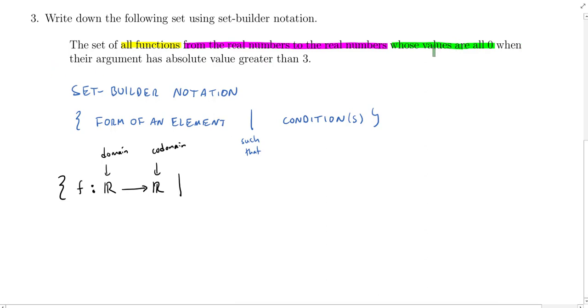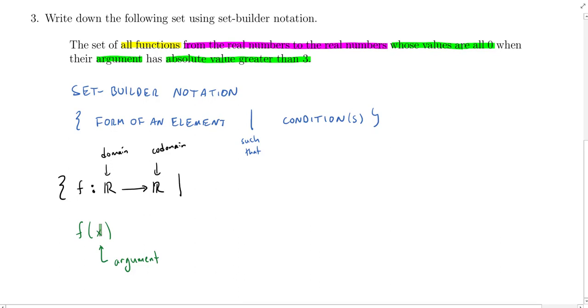Every word matters. So the values are 0 when their argument, what's the argument? That's what goes into the function. When we write down something like f of x, this x here is sometimes referred to as the argument. It says when the argument has absolute value greater than 3.